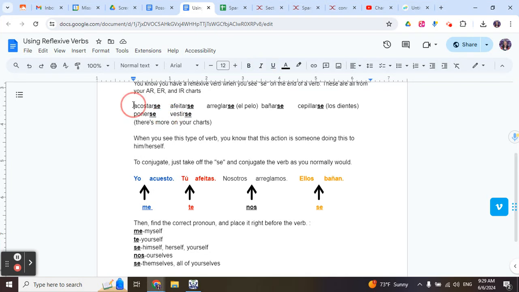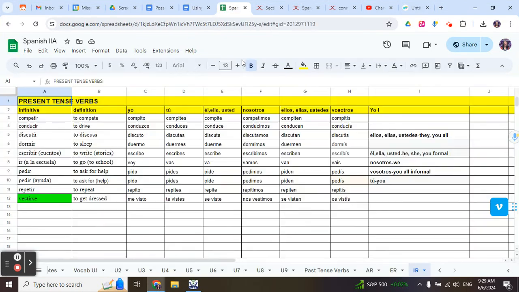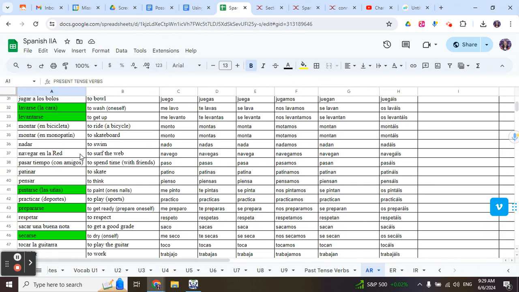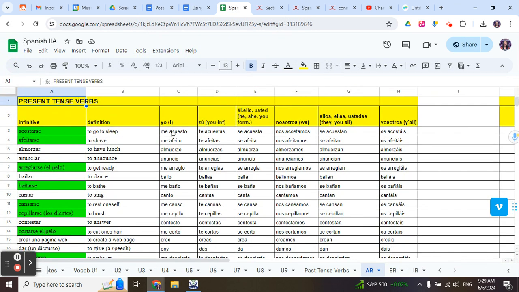If I have acostarse, which is an O to UE stem changer, this O will change. So it becomes acuesto in the yo form. If you wanted to double check that, you can go to your AR chart, go to acostarse, and see all the conjugations right here.